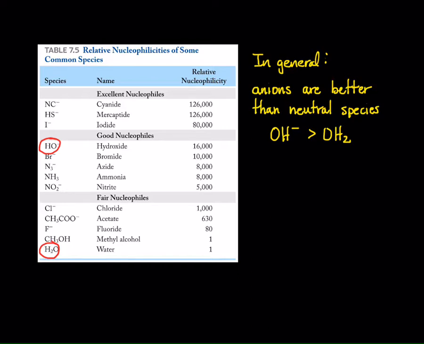But there are other trends that follow that really aren't on this table. For example, methoxide is better than methanol. Ethoxide is better than ethanol. So in general, alkoxides are better nucleophiles than alcohols. Amide is a better nucleophile than ammonia.